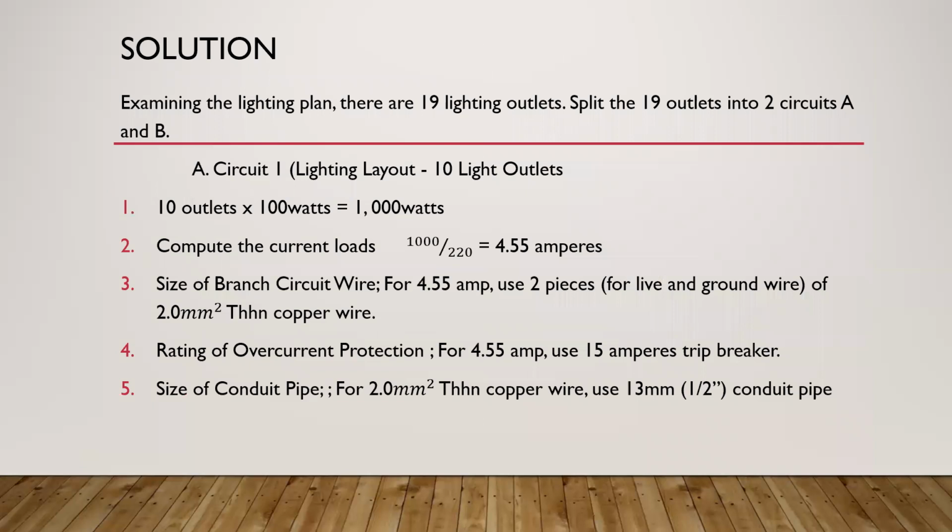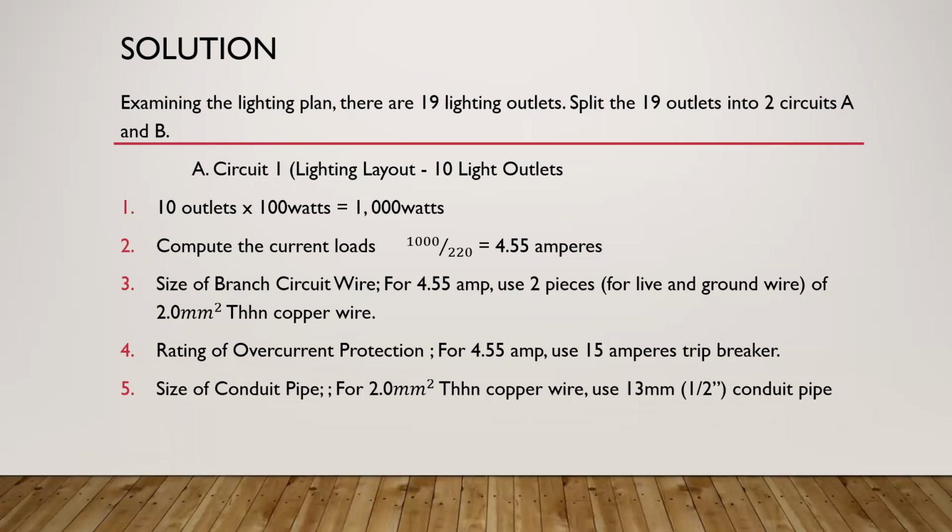So for the solution, by examining the lighting plan, there are 19 outlets nga. So for circuit A, circuit number 1, we have 10 outlets. So step 1, 10 light outlets. Per outlet, di ba? From NEC, 100 watts ang rating.